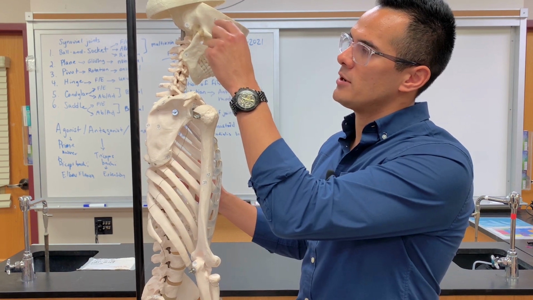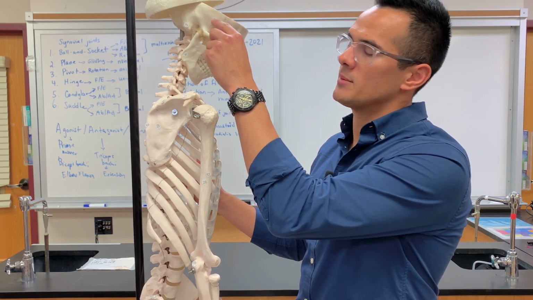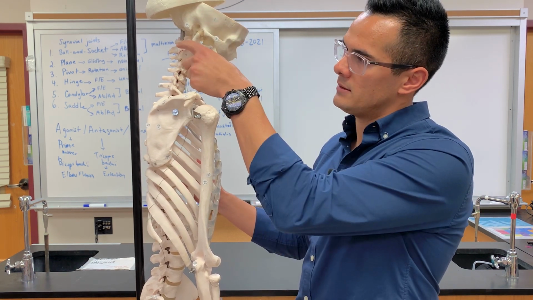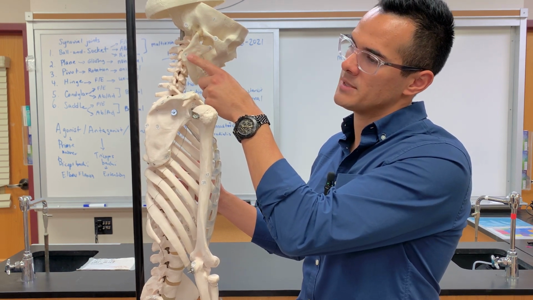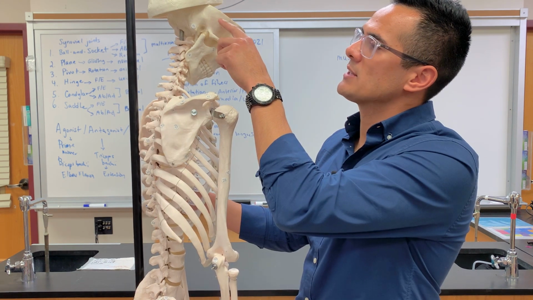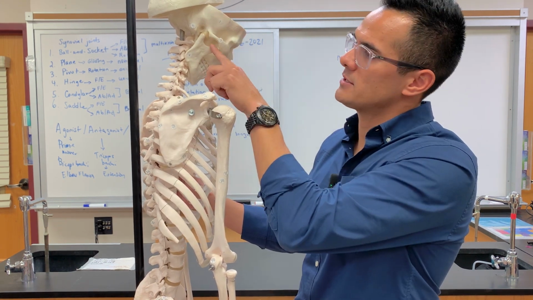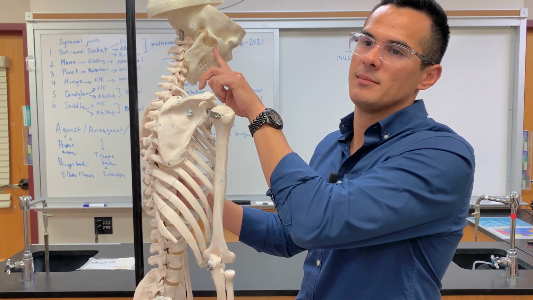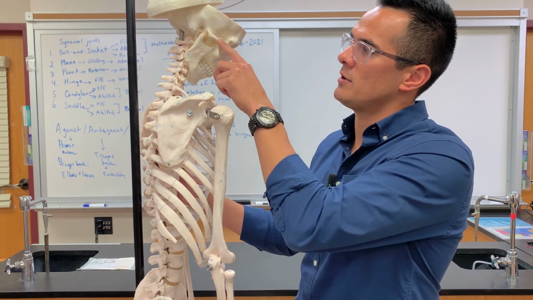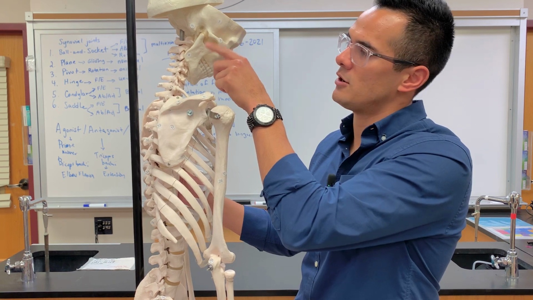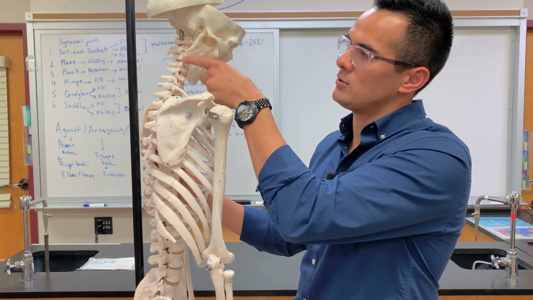This part is known as the temporal fossa, this part is the angle of the mandible, and this is the ramus of the mandible. The temporalis goes from the temporal fossa to the coronoid process, right here at the mandible. The masseter goes from the zygomatic process and arch to the angle and the ramus of the mandible.